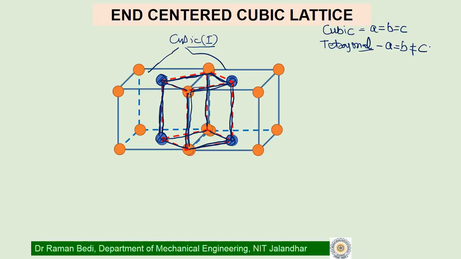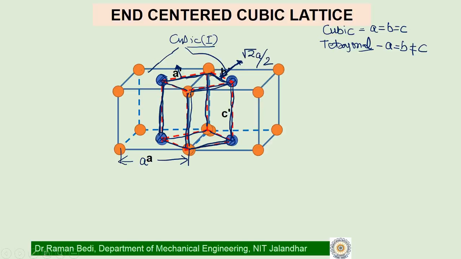We can find out this edge length as well as this edge length. If the lattice parameter happens to be a here, the face diagonal will be root 2 a, and these two edge lengths of this unit cell will be root 2 a by 2.